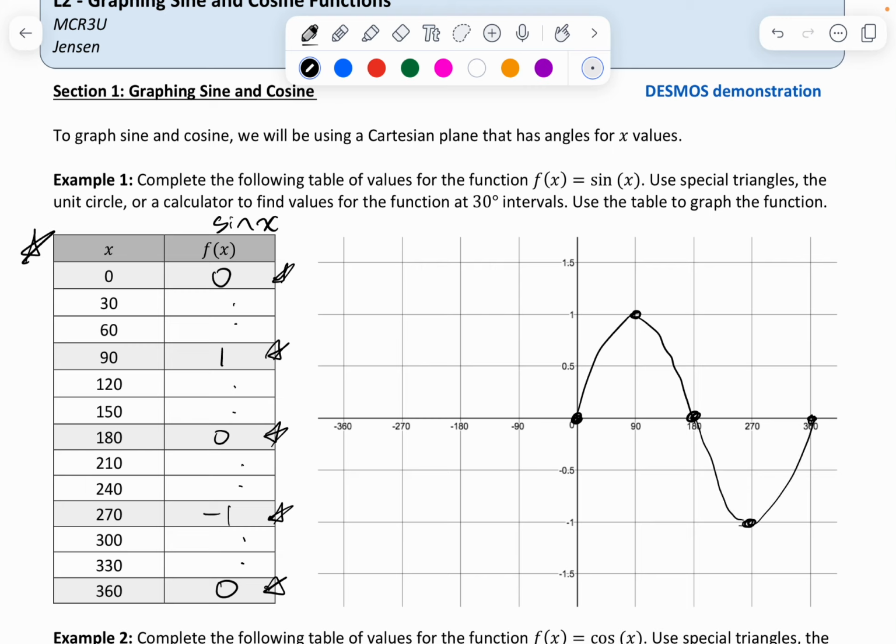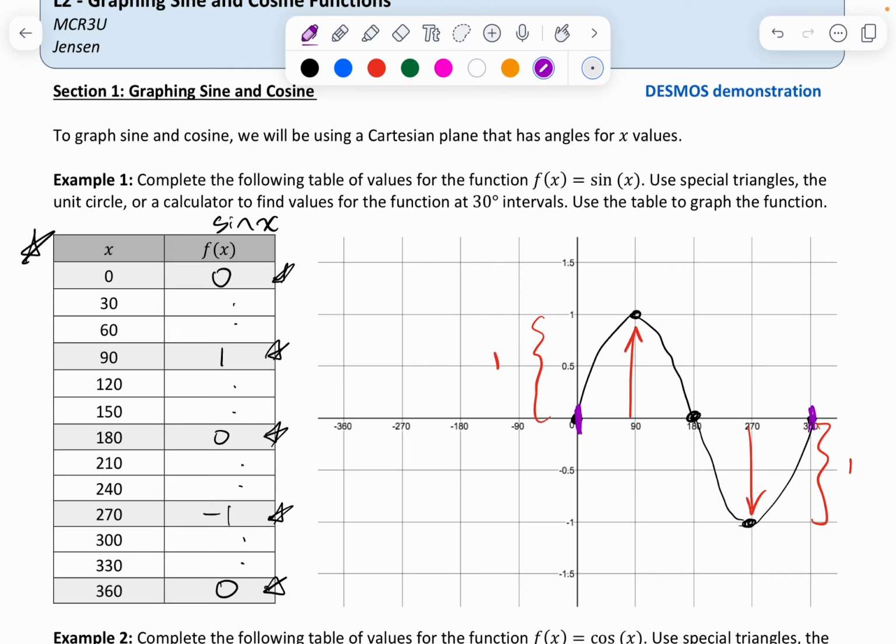Now there are some specific terms. Amplitude is how far from the middle the sine function goes up and down. Here, the amplitude is 1. Period is how long a function takes to start repeating.